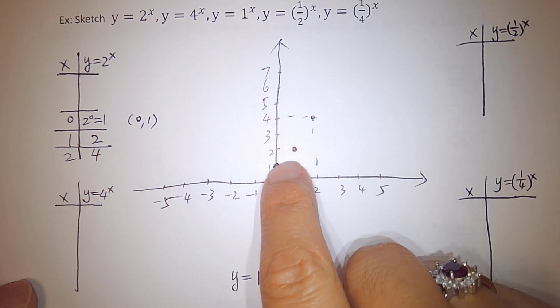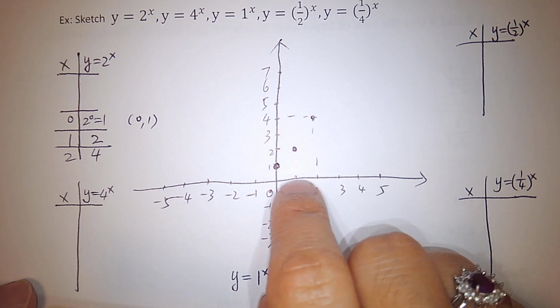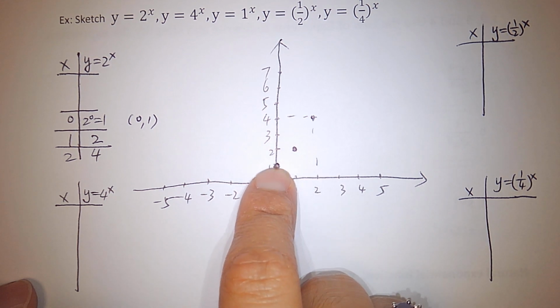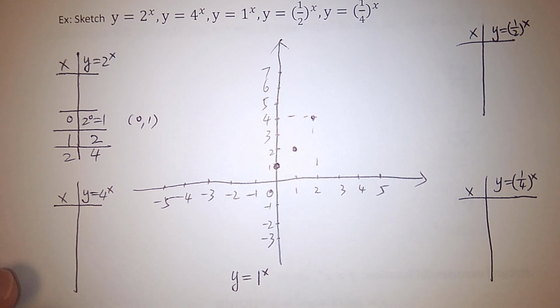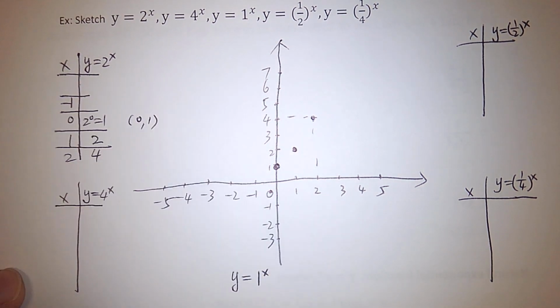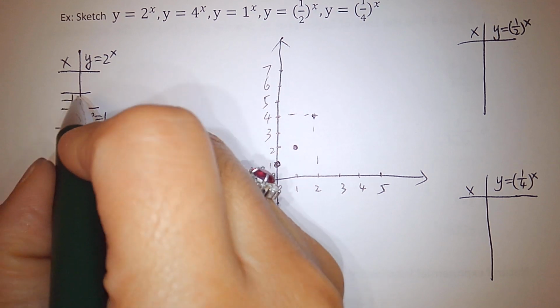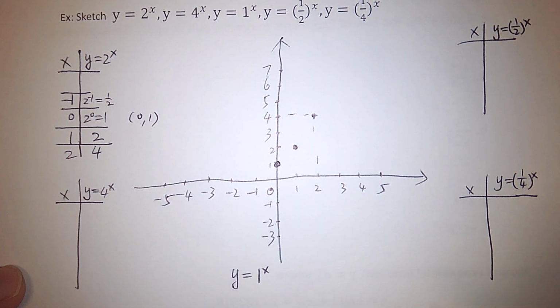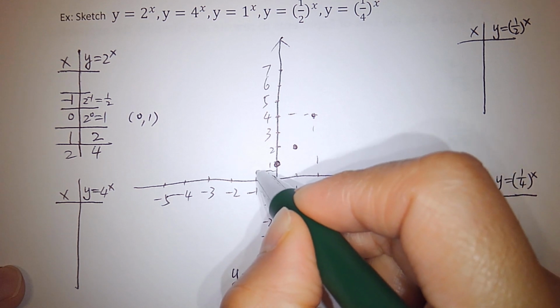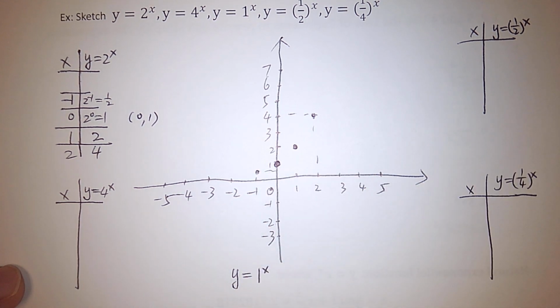So we can choose x equal to positive real numbers, and we did x equals 0. Can we choose x equal to a negative number? Let's try. How about x equals negative 1? y will be 1/2, right? 2 to the negative 1 is 1/2. So when x equals negative 1, y is 1/2, so it is a point here. How about x equals negative 2?